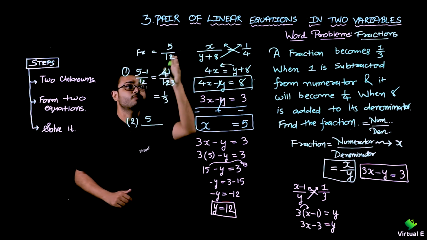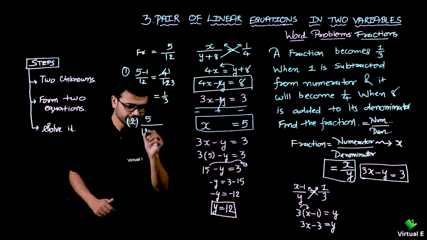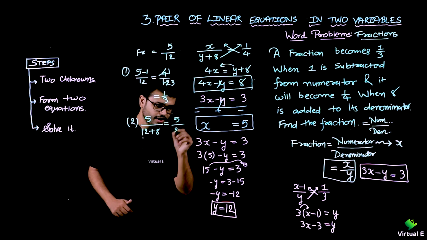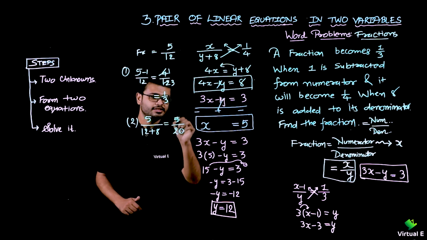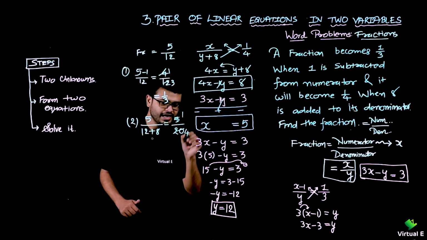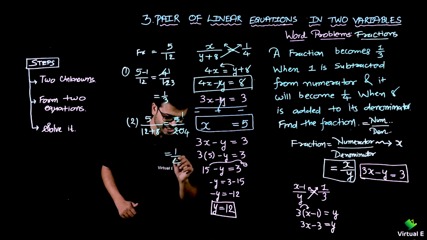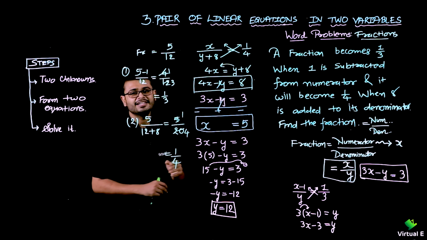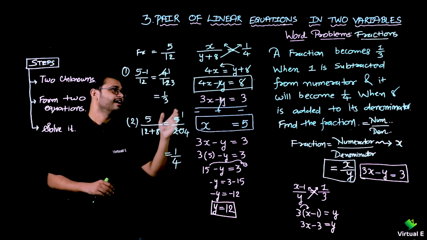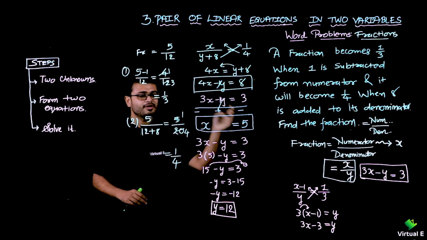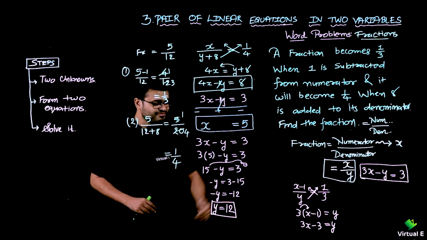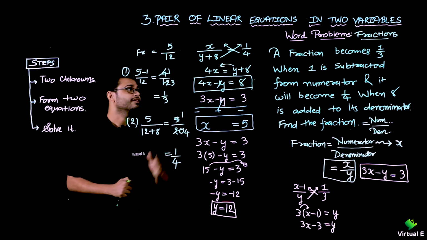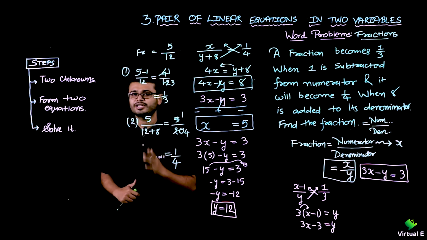So denominator 12 plus 8 extra will be 5 over 20. Let's do cancellation. 5 1s are 5 and 5 4s are 20. So see, it will become 1 over 4. It is becoming 1 over 4, right? So our solution for this word problem is x is equal to 5 and y is equal to 12. So this is how we solve word problems related to fractions.